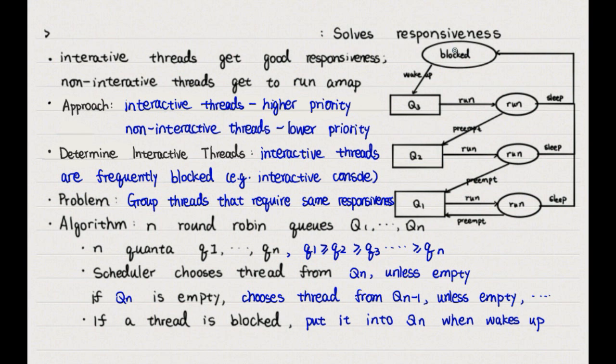So when a thread that is blocked wakes up, it is put on Q3 again. To prevent starvation, we periodically move all threads to Qn.